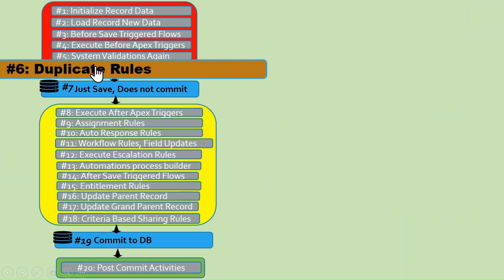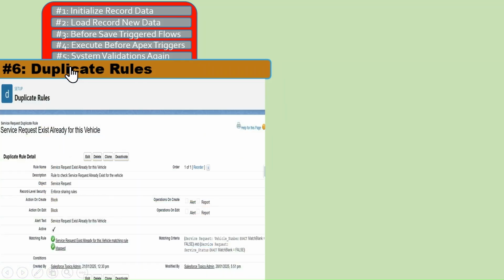verification. The primary responsibility of this step 6 is that Salesforce tries to check whether there are duplicate rules defined for the current record's object, and if it identifies any, it executes those duplicate rules as part of this step. For the service request, we have one duplicate rule defined.